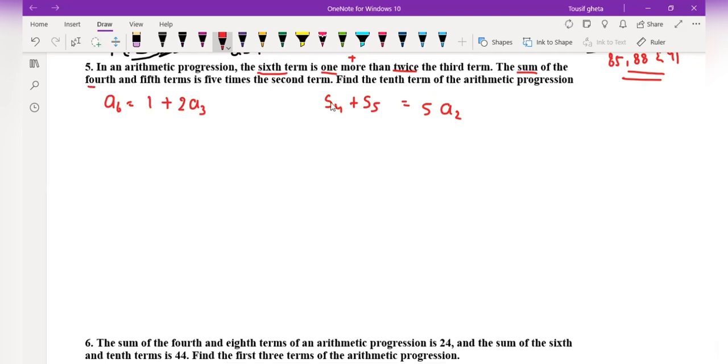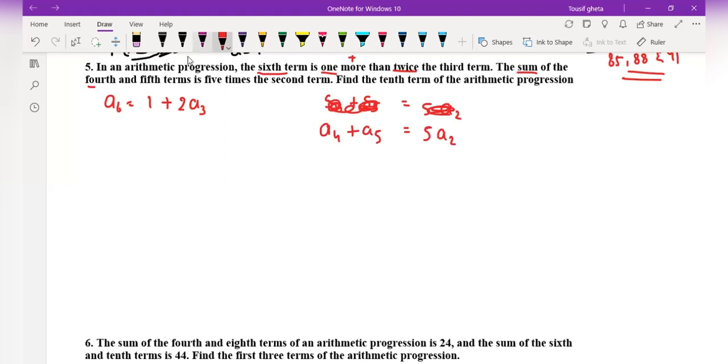So it's not like S4 plus S5, not to be written in that way. That means fourth term का और fifth term का sum. That is the meaning of the statement they gave you. You should not consider S4 and S5, right? So fourth term और fifth term का sum कितना है? It is 5 times the second, that is 5 of A2.